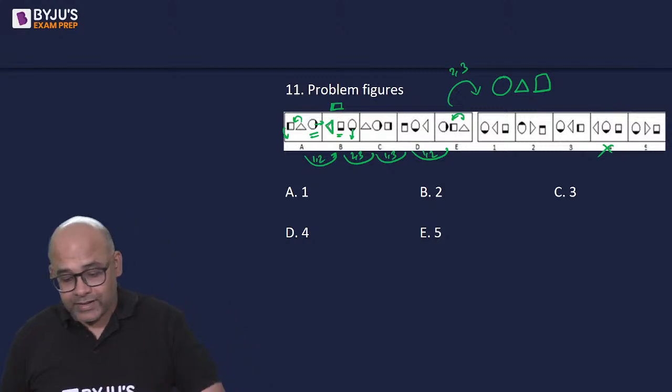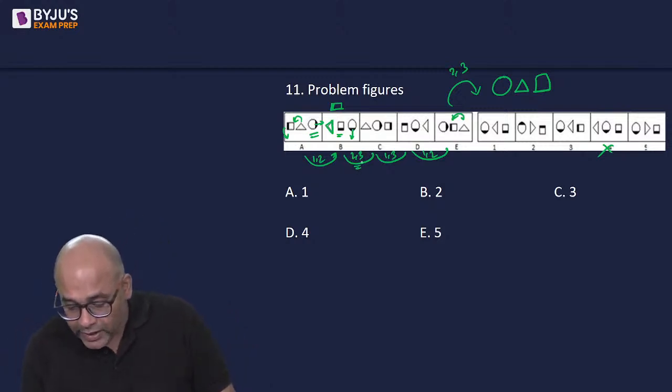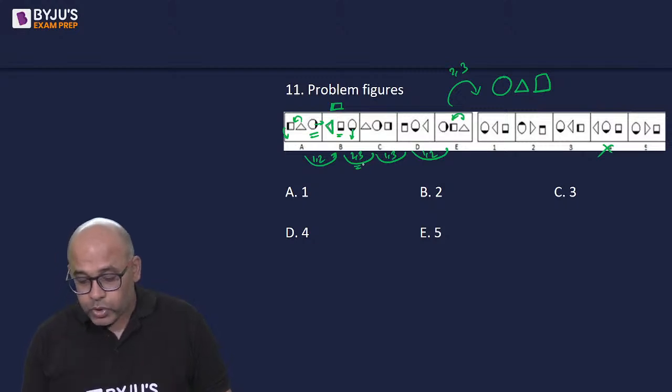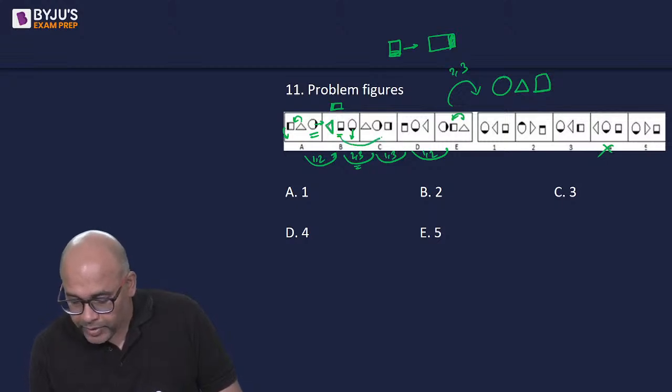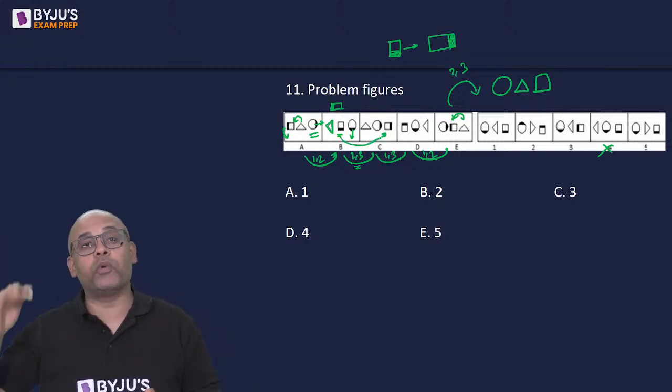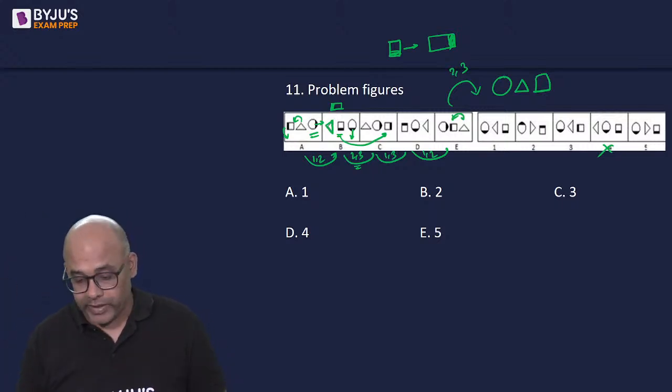Once again, let's take a look at from B to C. From B to C, you can see 2 and 3 got interchanged. So when 2 and 3 got interchanged, this is moving from down. So this became like this. So from here to here, that is basically again counterclockwise movement. It was looking down, now it is looking to the right, so counterclockwise.